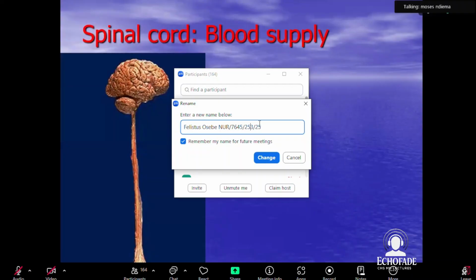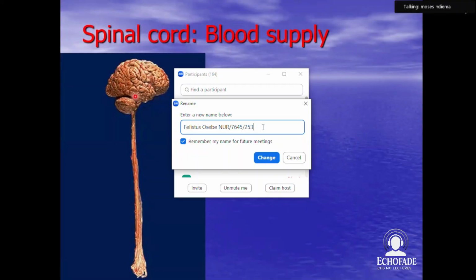This is the spinal cord, from the brain. At the foramen magnum, just below the medulla oblongata, we now have the spinal cord, and the spinal cord is covered by meninges. Between the vertebral canal and the spinal cord, we have the dura mater.